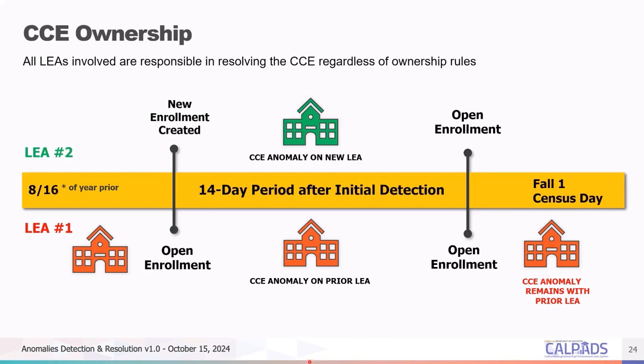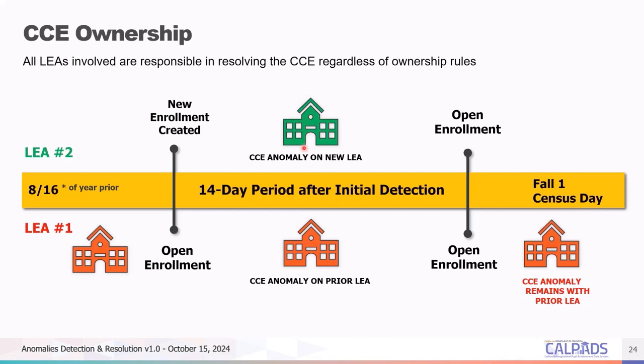So let's say LEA1 enrolled the student, and then LEA2 created a new enrollment. In the first 14 days of the overlapping enrollment, CalPADS will essentially assign the work of resolving the CCE to both LEAs during that 14-day period.